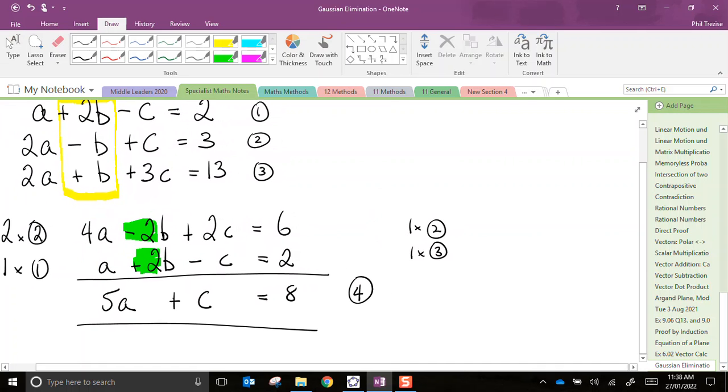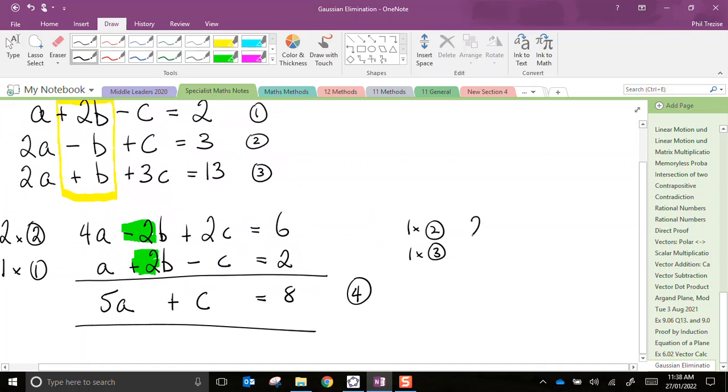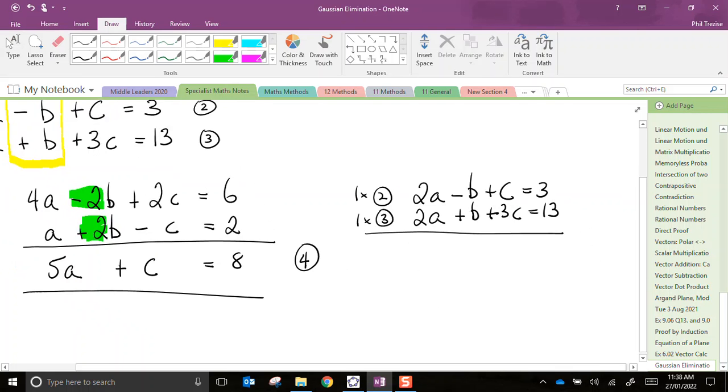Before I lose it, equation 2 was 2a take b plus c equals 3. And equation 3 was also 2a, this time plus b plus 3c equals 13. So I'll add those two now.